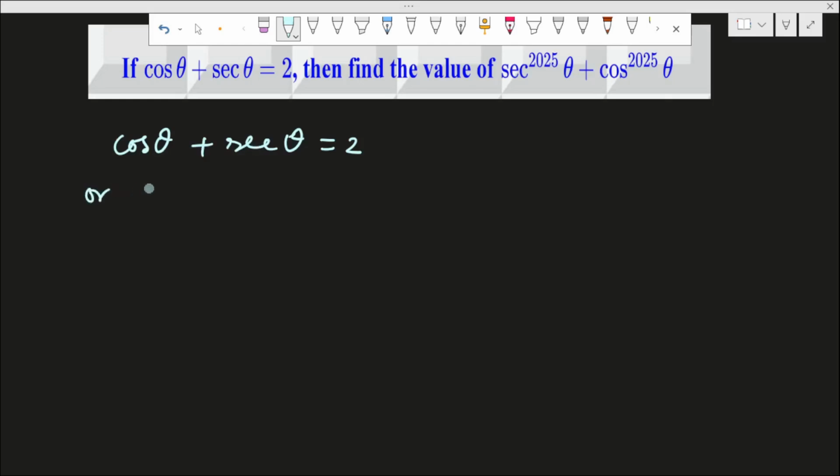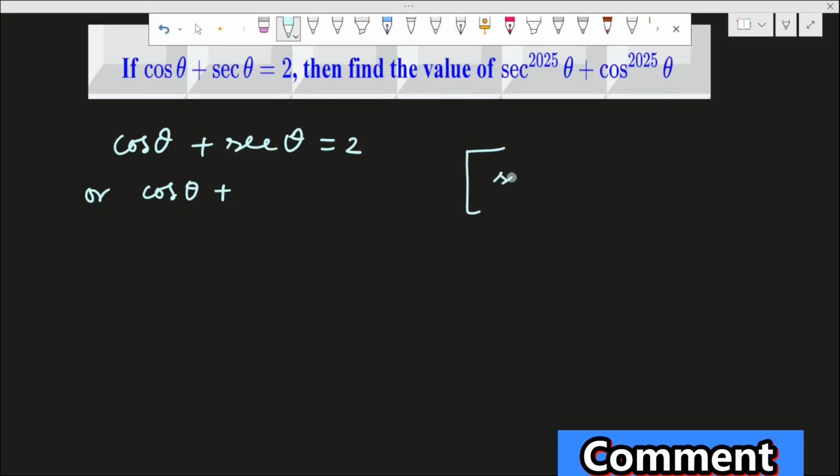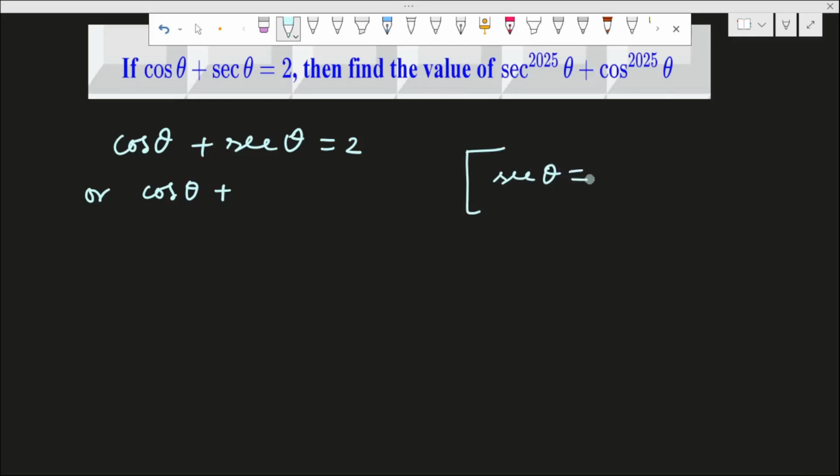Writing cos theta as it is for the first term, plus for the second term, there is a trigonometric formula: sec theta is equal to 1 by cos theta. So write 1 by cos theta.